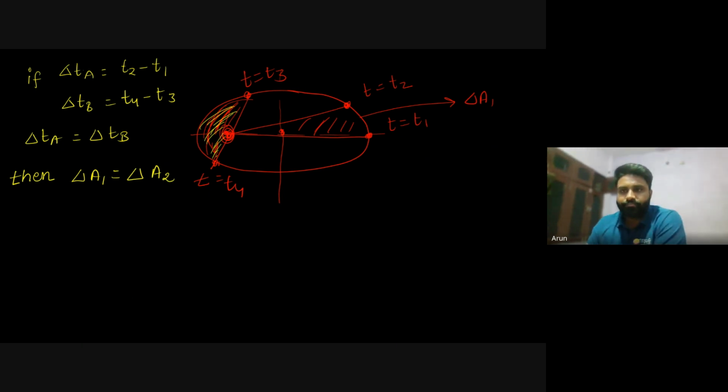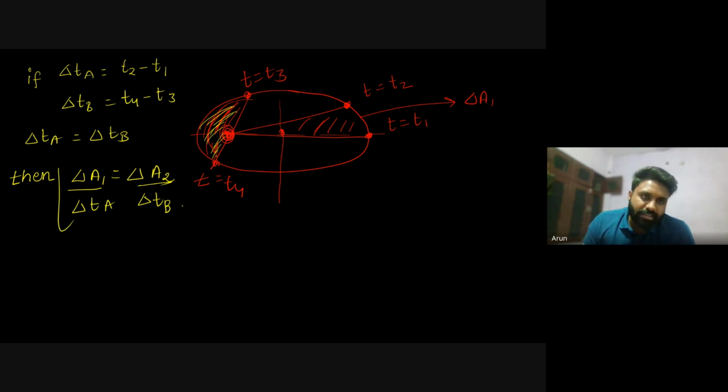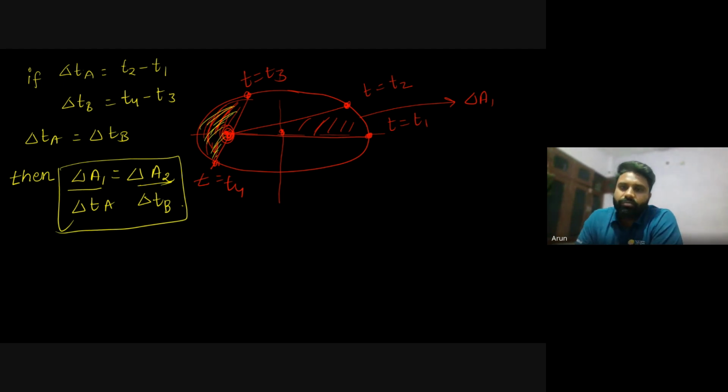Delta A1 by delta TA equals delta A2 by delta TB. Got it? So the area swept by this planet per unit time remains constant.